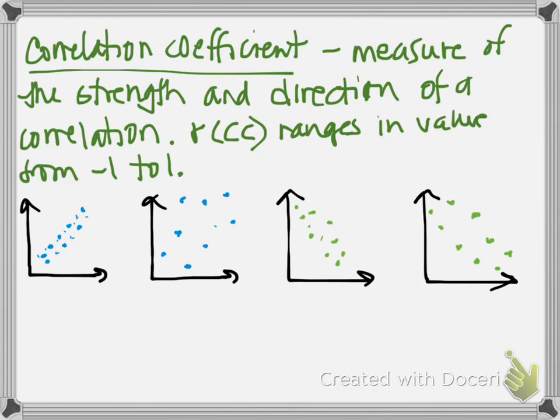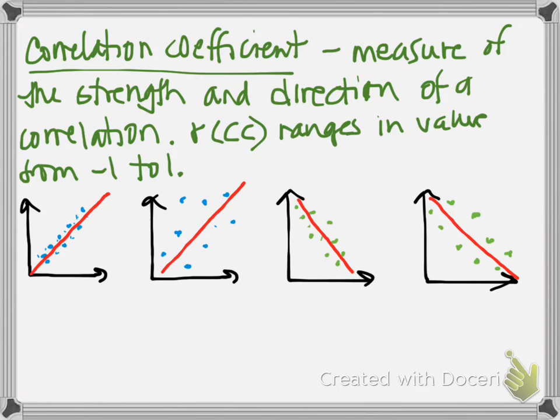Okay, so what I want you to picture in each of these is a line that would represent that data as best as possible. And when we're looking at the correlation coefficient, we're going to look at the relationship of the dots to the line. So you can see in the first two that they are positive, right? Because of the direction: as the x increases, the y increases.